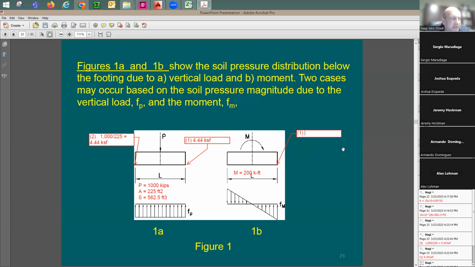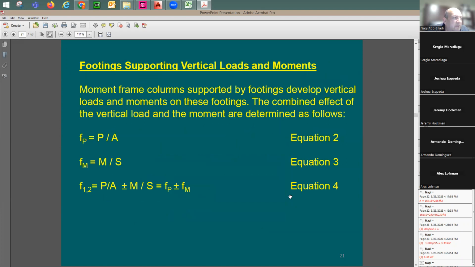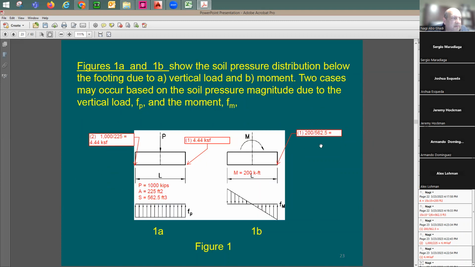And the stress here is going to be equal to M divided by S. So it's going to be equal to 200 divided by 562.5. How much is it? It's going to be M over S, exactly what we are doing here. Look at this, M over S. How much is this?